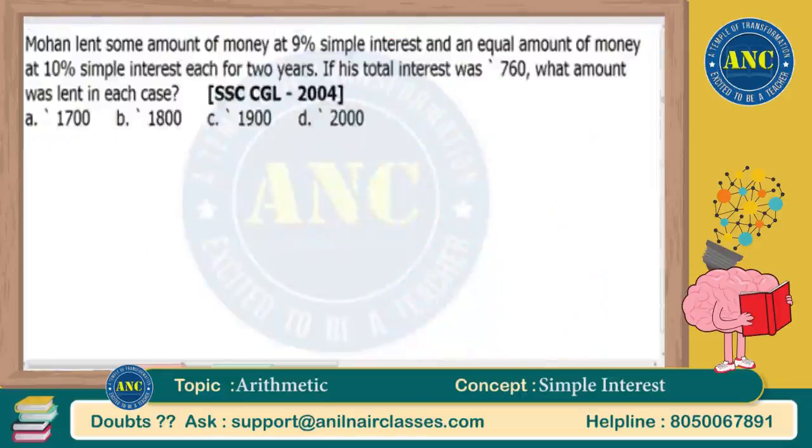Mohan lent some amount of money at 9% simple interest and an equal amount of money at 10% simple interest, each for 2 years. If his total interest was rupees 760, what amount was lent in each case? They are saying that the total interest is 760.